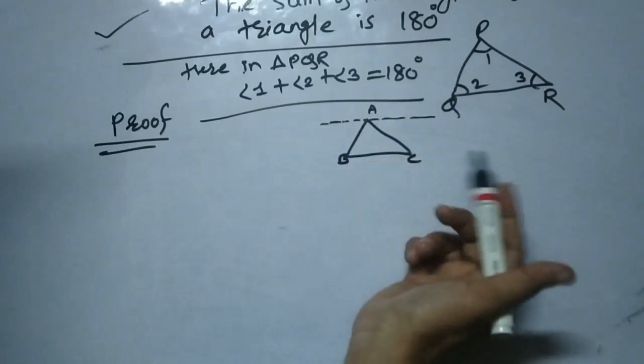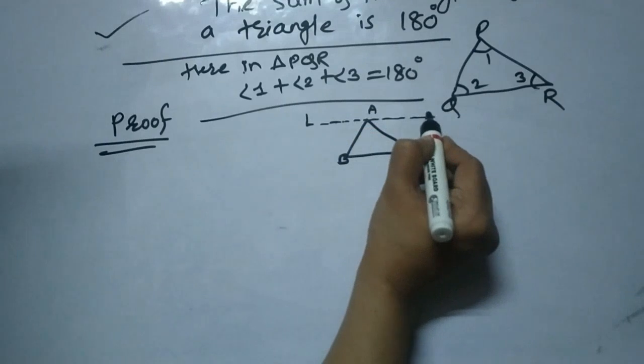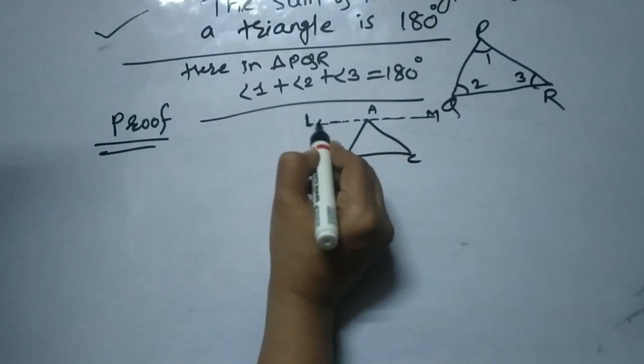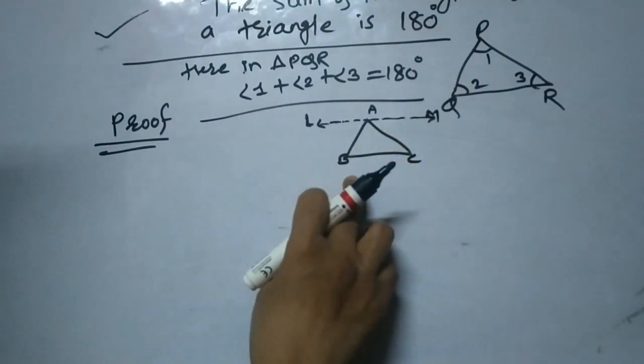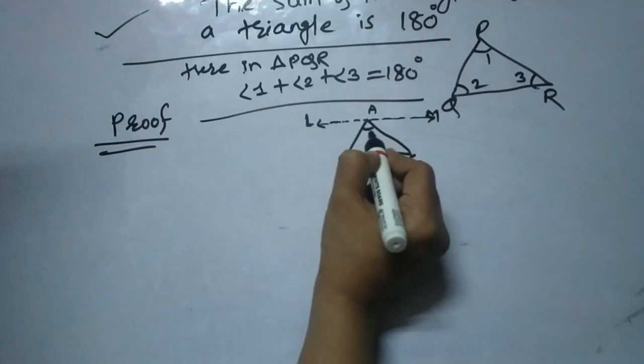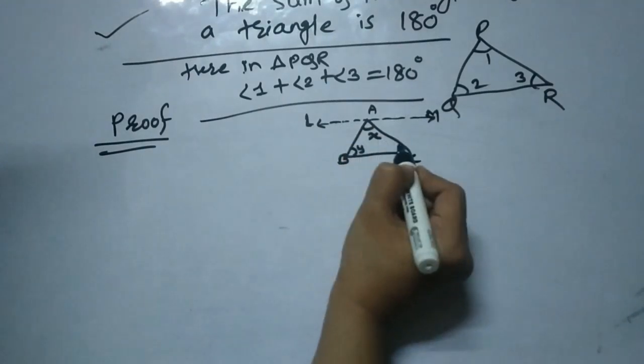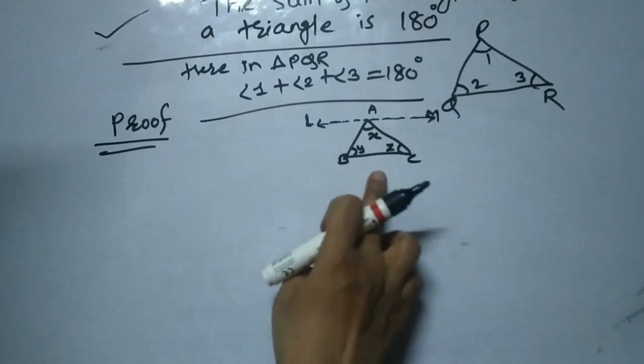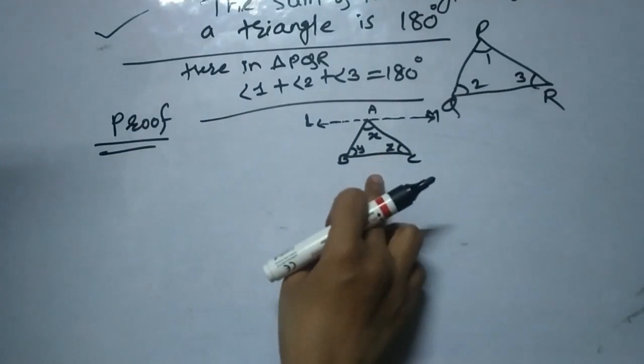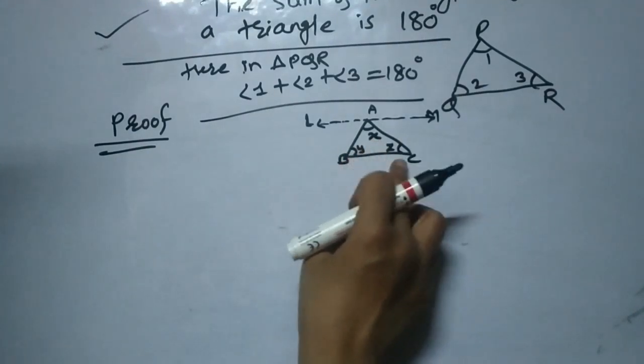Suppose this line is LM. Now we'll mark our interior angles: this is angle X, this is angle Y and this is angle Z. Interior angles means the angles which lie inside of the triangle. We marked them as X, Y, Z.